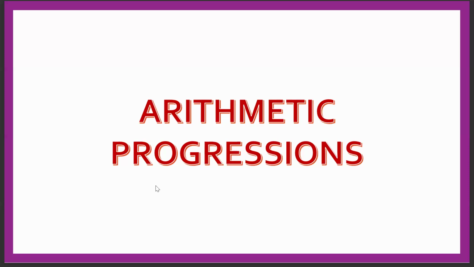But before going to series, sequence, progression, what is the pattern? We can see the pattern as a number pattern, like if we write 2, 4, 6, 8, 10, this is a pattern.